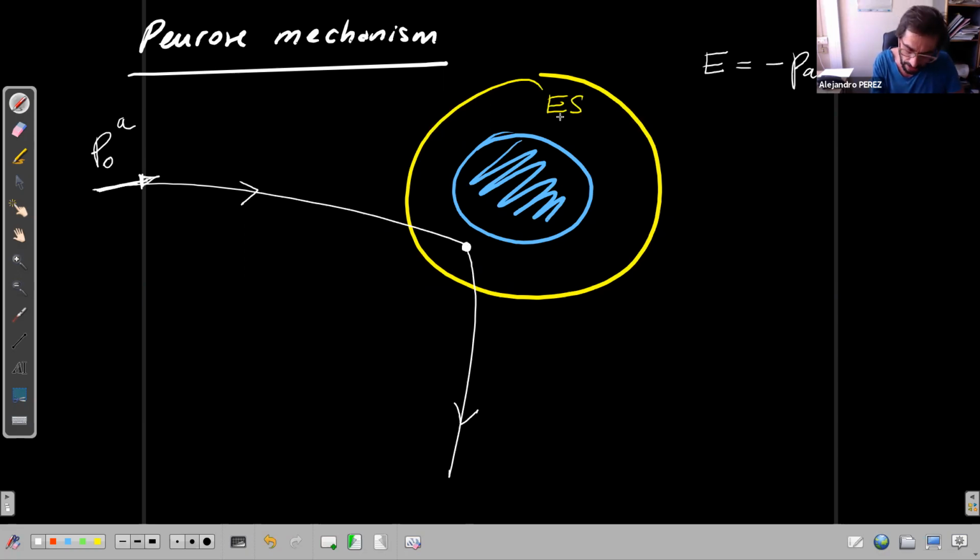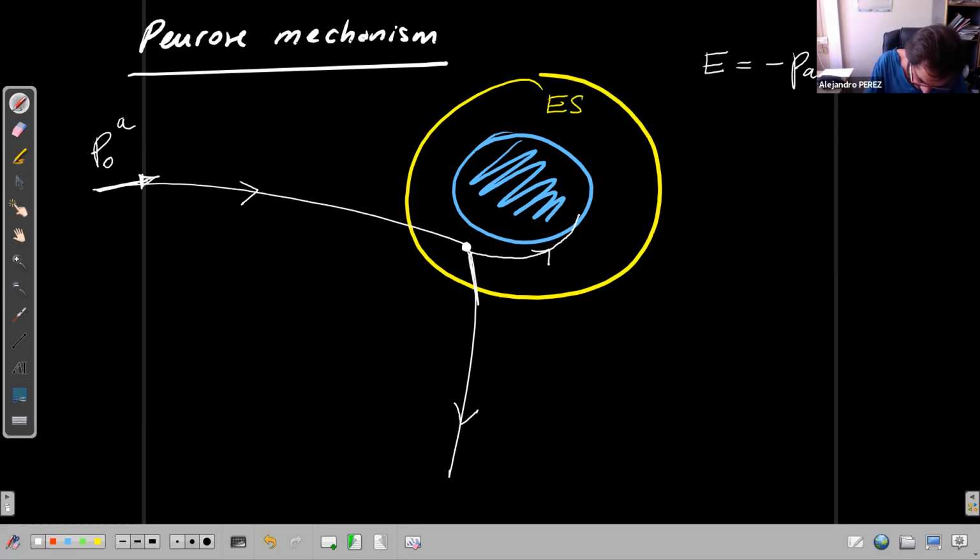Energy is positive by definition outside. But when you get to the ergosphere, this is just a space-like translational vector. So when you are here, you can arrange your spring to kick the particle in just the right direction, because you split your system into two particles.